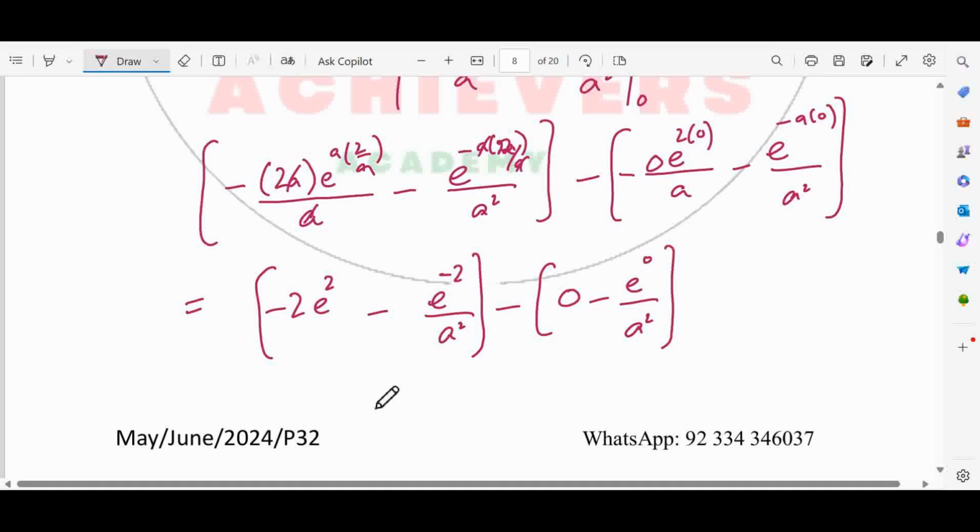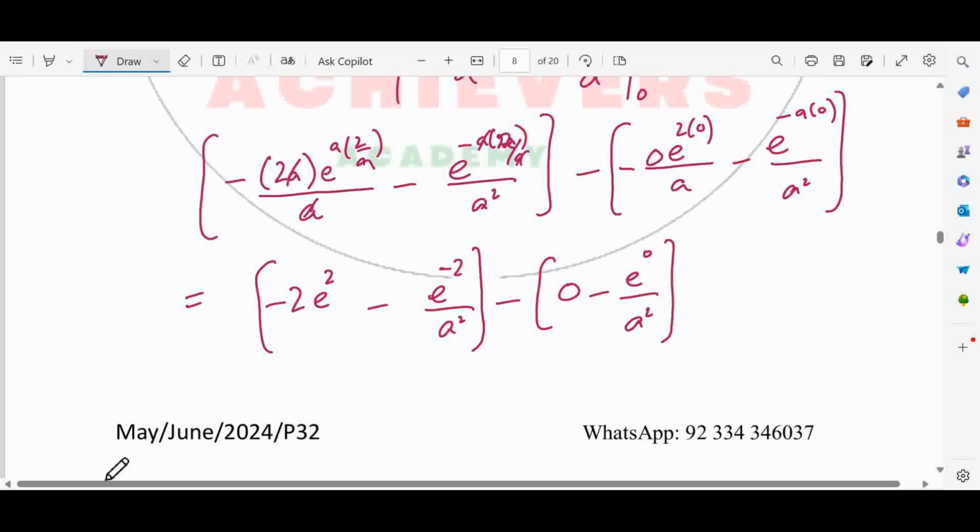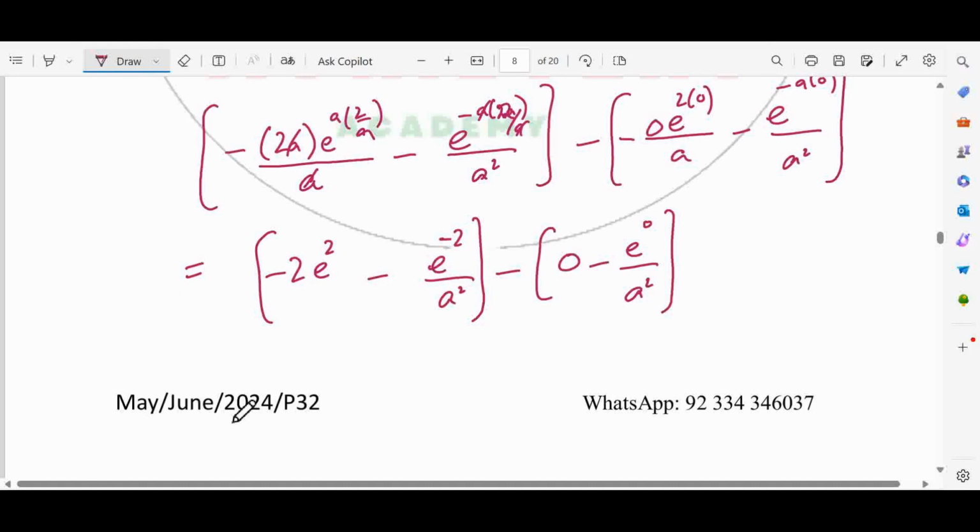Now e power 2a, okay. Now we can say that at this point this will also be of 2 by a, 2 by a and a, which means here we will have a square now.